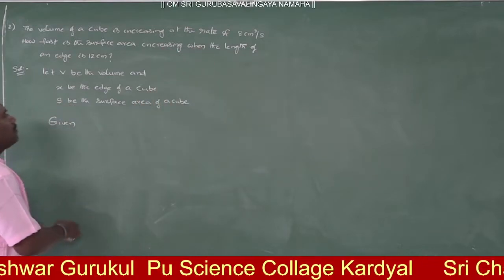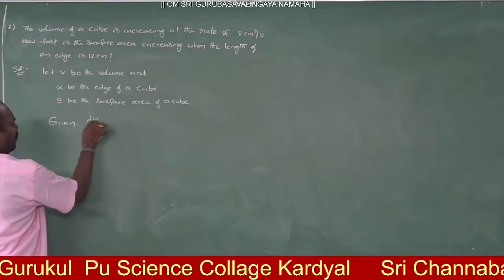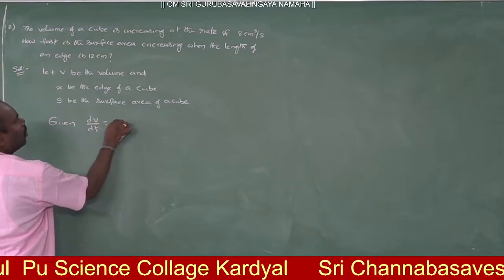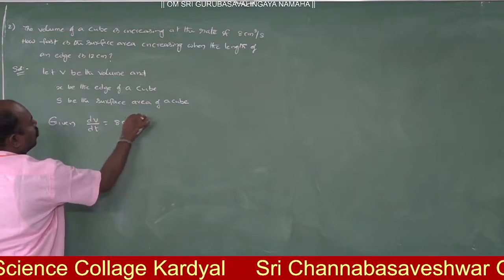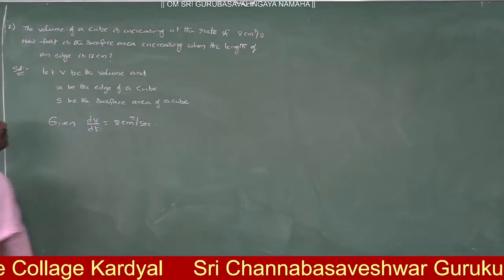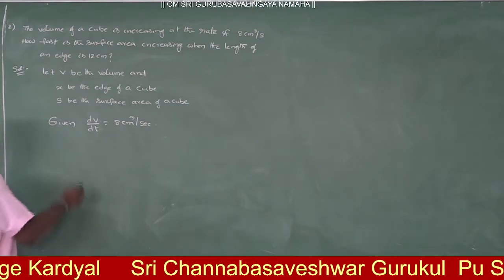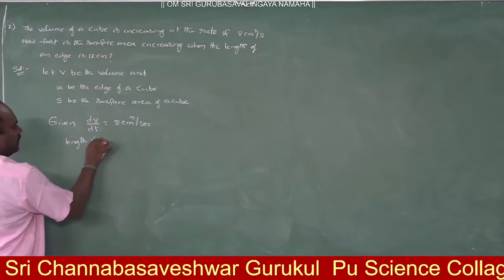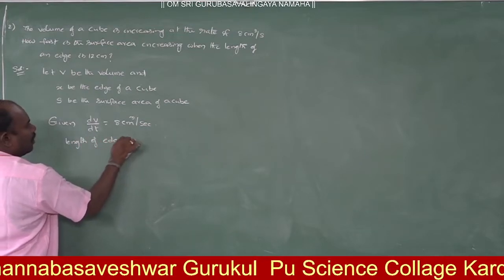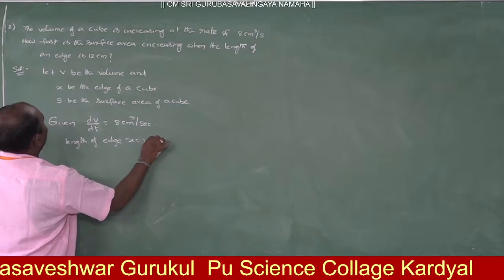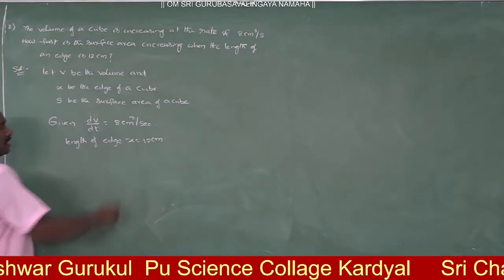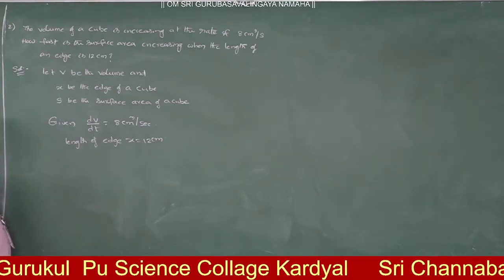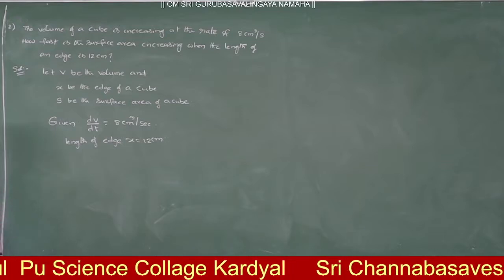Here it is given dV by dt equal to 8 centimeter cube per second, and the length of edge x equal to 12 centimeters. This is also given. First write the volume of the cube.